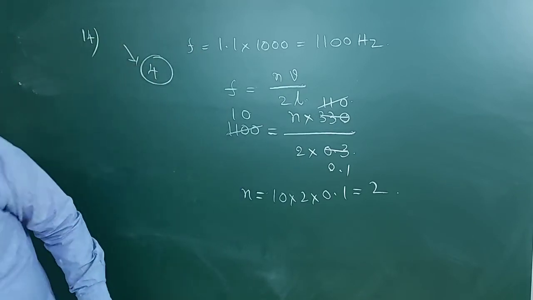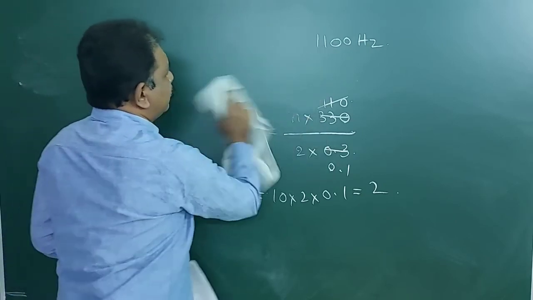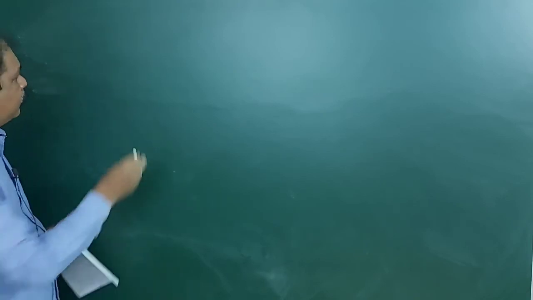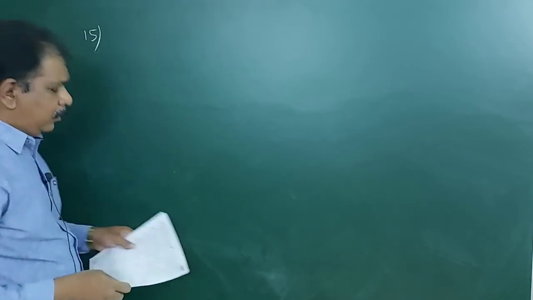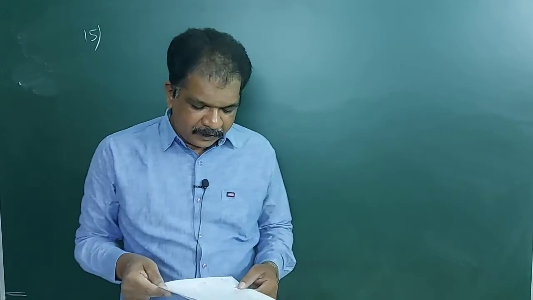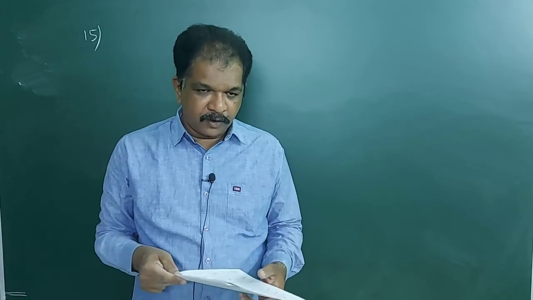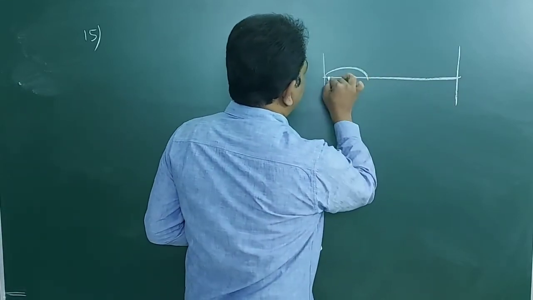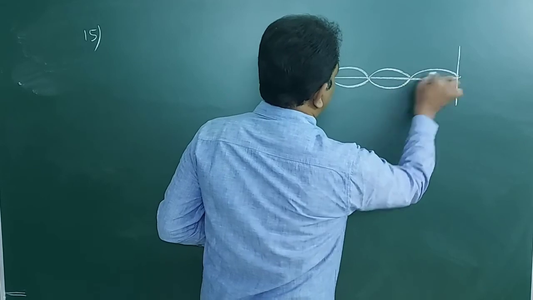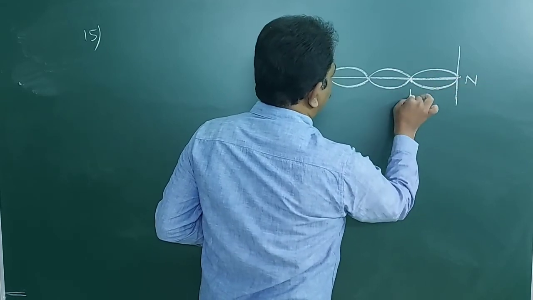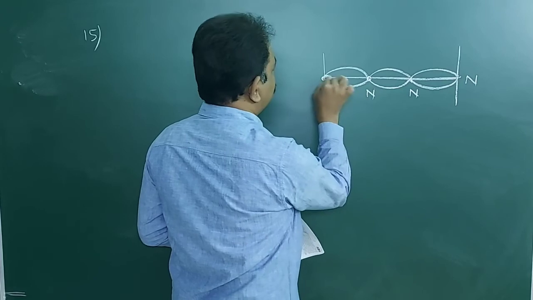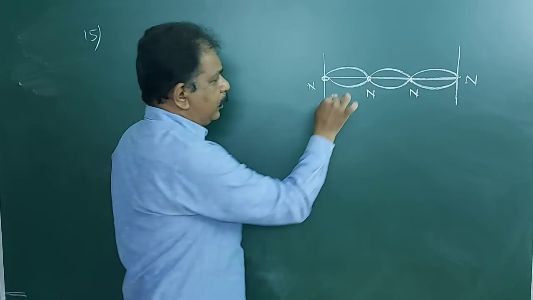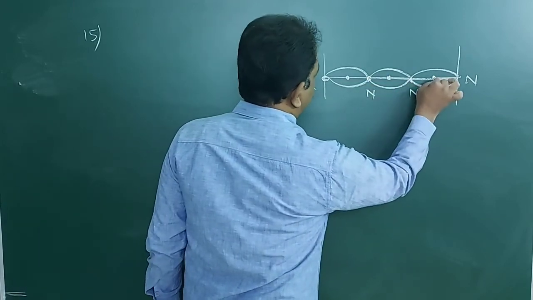Next, see the 15. What they are asking, see, a stretched string is vibrating in the second overtone. Second overtone means third harmonic. It is vibrating with 3 loops. How many nodes will be formed? 1, 2, 3, 4. 4 nodes. How many anti-nodes will be formed?